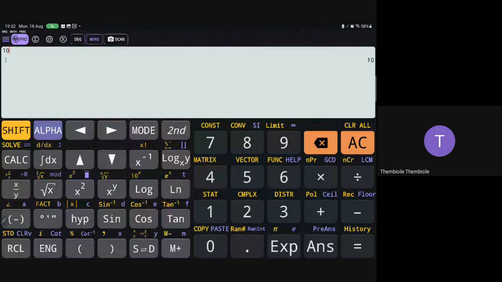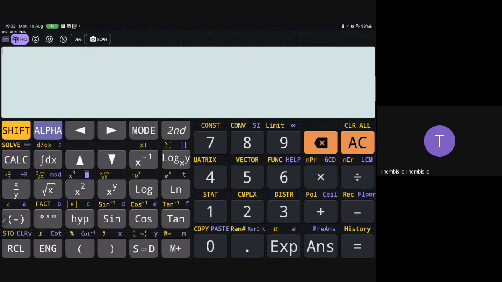So my calculator says shift, and then you will usually see that factorial sign on your calculator, guys. So just work around your calculator and make sure that you know what that sign is.